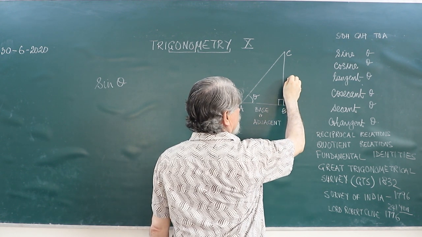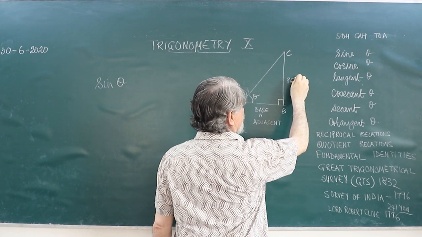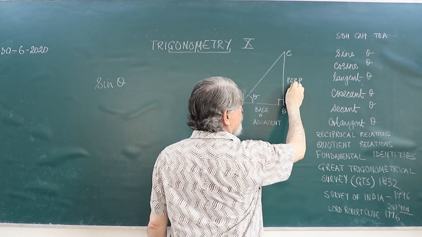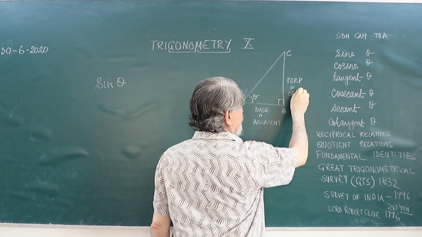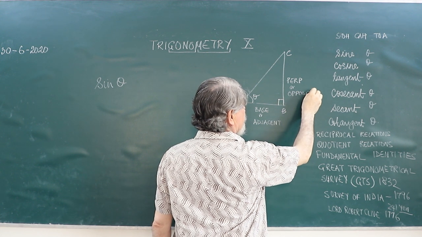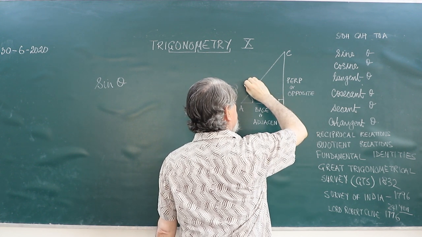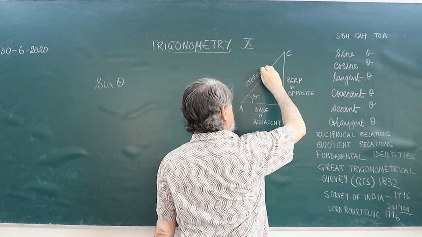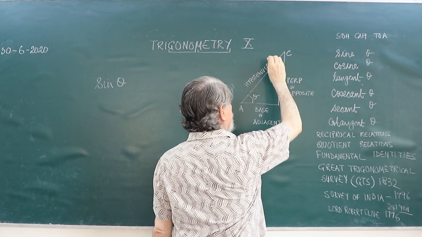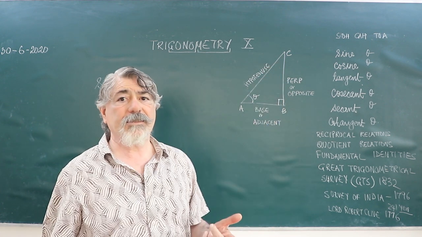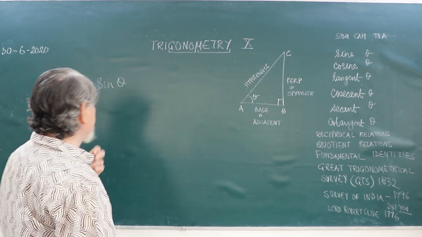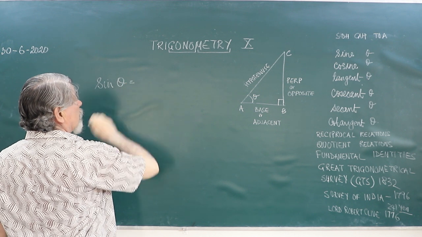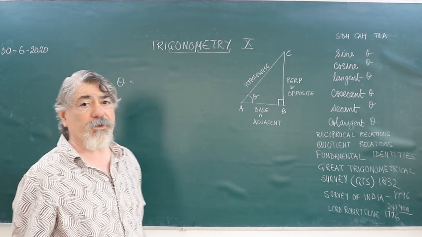This is called perpendicular, or it is also called the opposite side. And of course this is the hypotenuse. So I have to calculate, suppose, sine theta. Sine theta is perpendicular upon hypotenuse.